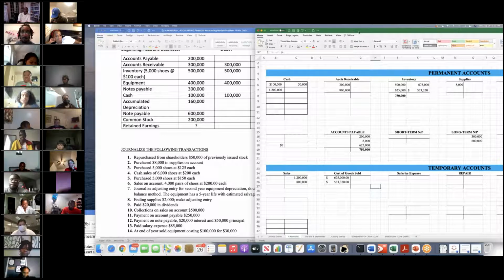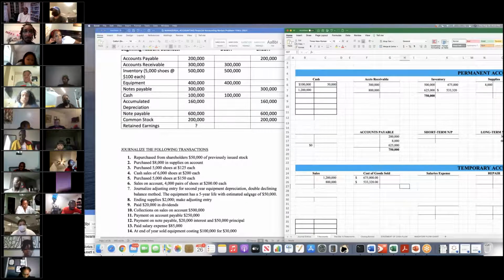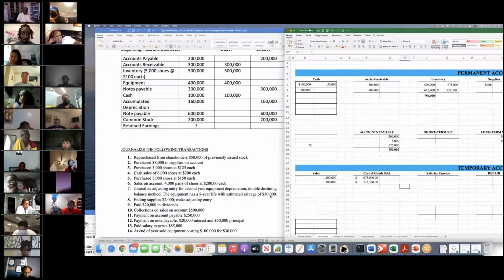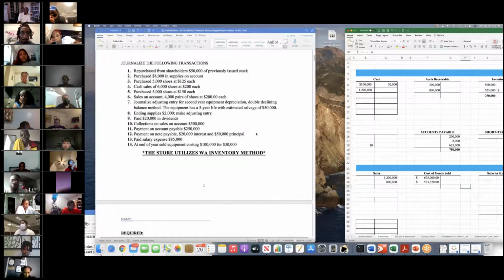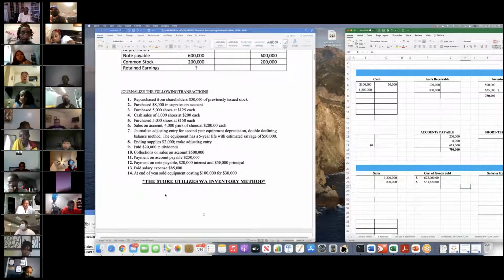Okay, journalize the adjusting entry for second year depreciation, double declining balance. The equipment had an estimated 5-year life and estimated salvage of $50,000. So this is the second year of the equipment. So that means we're supposed to do the process twice, right? Yes.